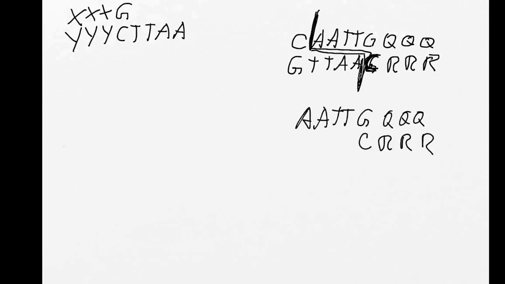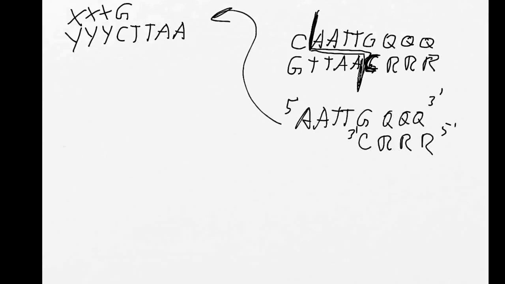Now let's see if we get this guy here, and again we have our orientation, 5 prime, 3 prime, and that is 5 prime, and here we've got the 3 prime. Now let's see if we can get this guy in here.